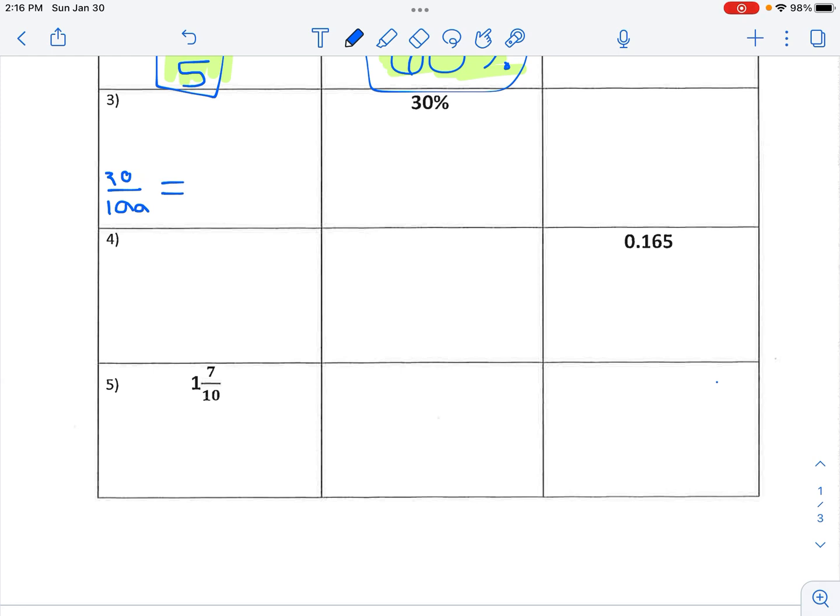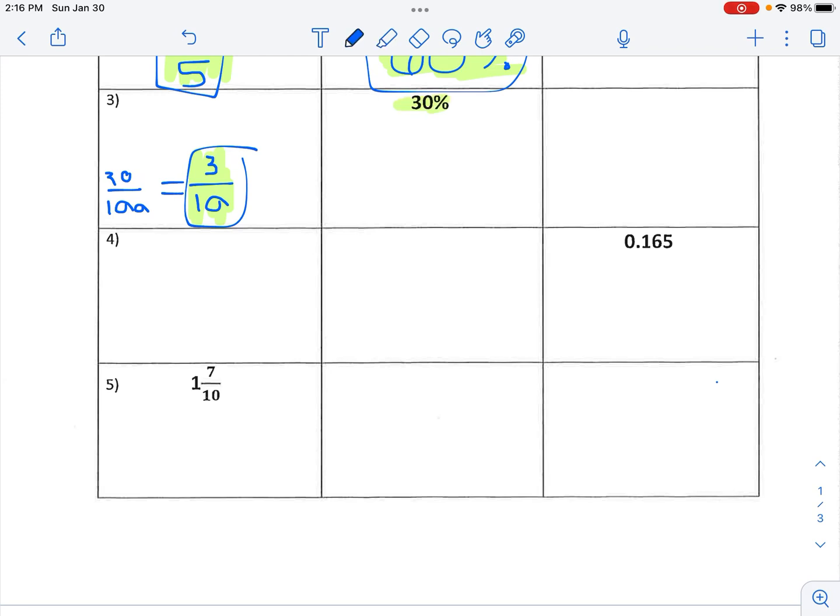I know those numbers are both divisible by 10 because they both end with 0. So 30 divided by 10 is 3, and 100 divided by 10 is 10. So check your fraction for number 3. That should be 3 tenths.